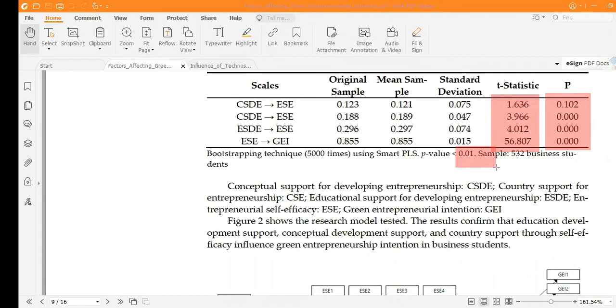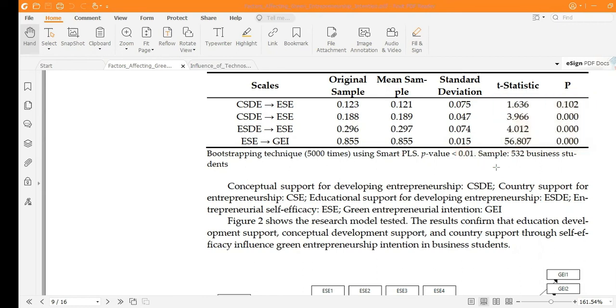If the t value of any scale relationship path is less than 1.96, then the hypothesis is not supported. If more than 1.96, it is supported.